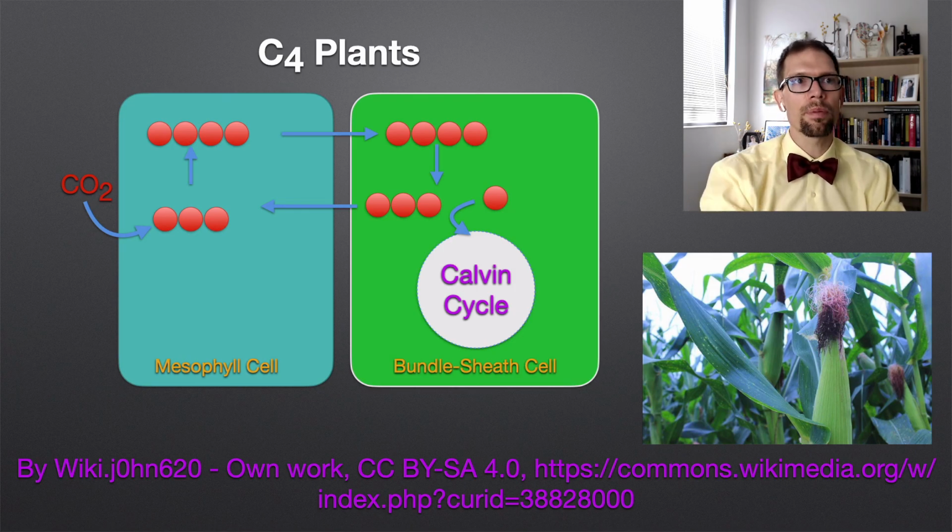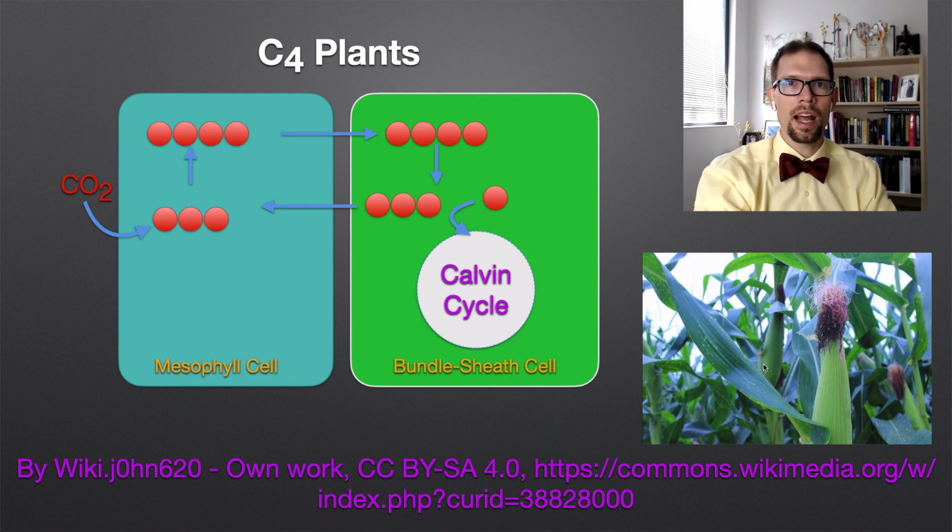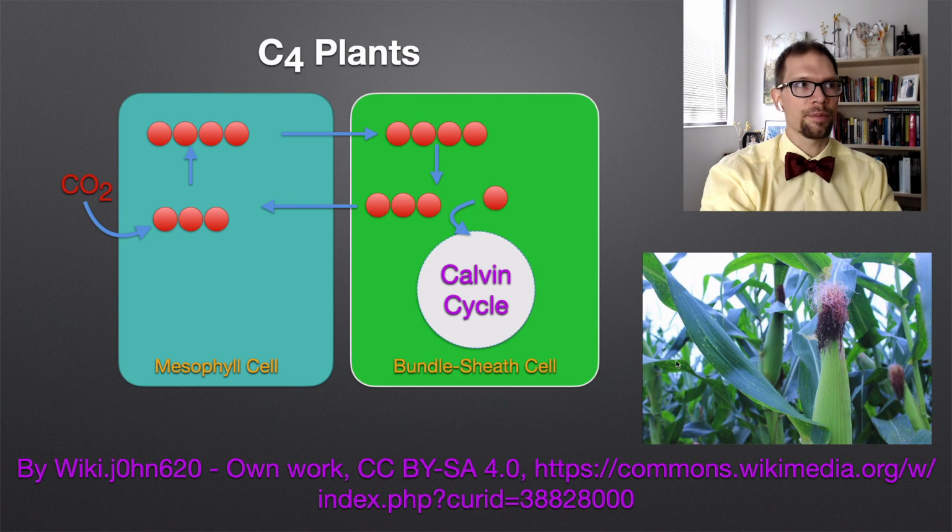We have C4 plants, such as the maize over here, that are going to apply a spatial strategy. They have two different cells. In one cell they capture the carbon dioxide. The carbon dioxide comes in and gets captured by a 3-carbon molecule to make a 4-carbon molecule.